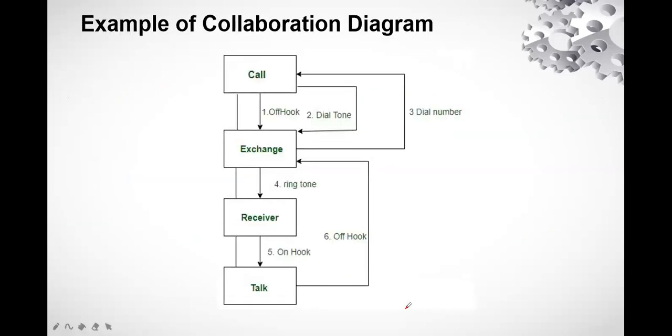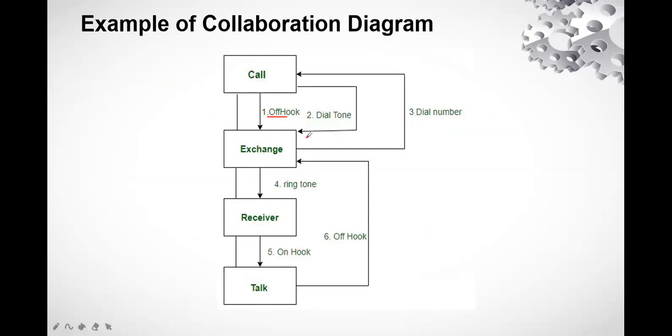Now, we'll see an example of a collaboration diagram. What is the collaboration diagram? Let's say this is an example of a phone exchange. How are we going to use it? Let's say we are going to hook up the phone. So the first point is off hook. We are going to listen to the dial tone.